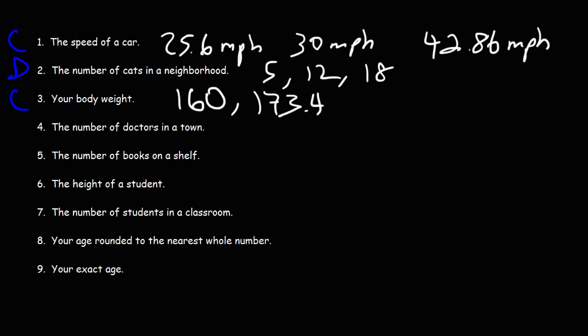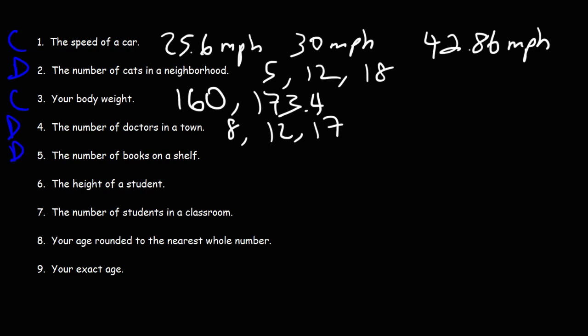The number of doctors in a town. You can't have half a doctor or a quarter of a doctor. You can have like 8 doctors in a town, 12 doctors in a town, 17 doctors in a town. So this would be discrete. Now, what about the number of books on a shelf? That can be counted as well. So therefore, that represents a discrete set of data.